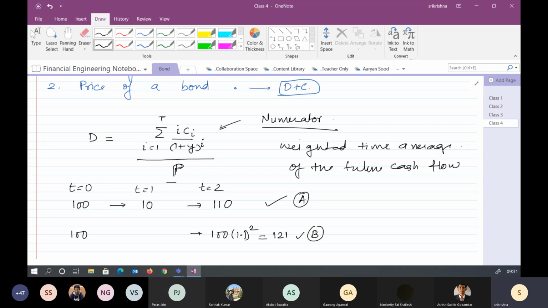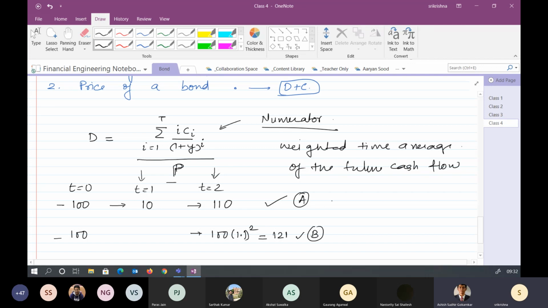Ashish, can you relate directly and can you explain how you have related directly? So we are getting 100 at t is equal to 0 and 10 at t is equal to 1, right? And 110 at t is equal to 2, you paid, right? So now these are the two returns. I think option A will have a lesser duration as compared to B because we are getting one payment before the final one.